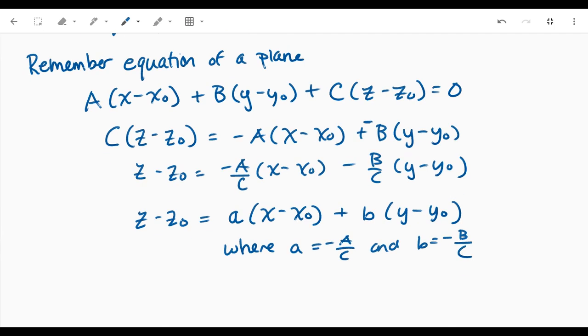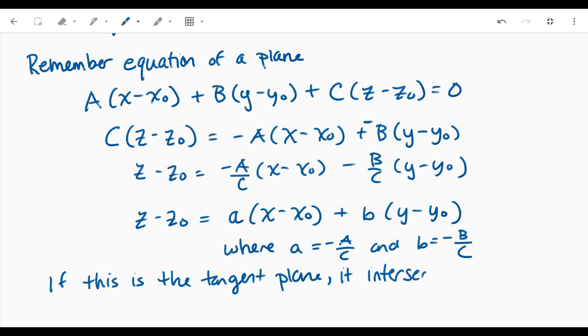Now, if this is the tangent plane, it intersects T1 at y equals y naught. Actually, I've got these mixed up.